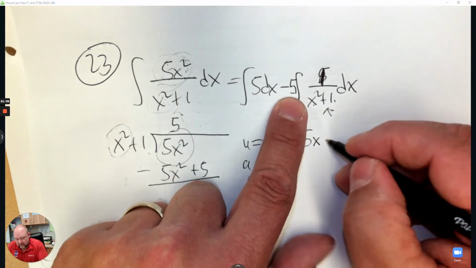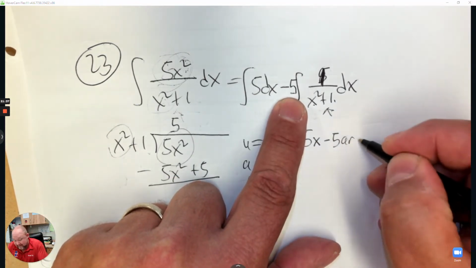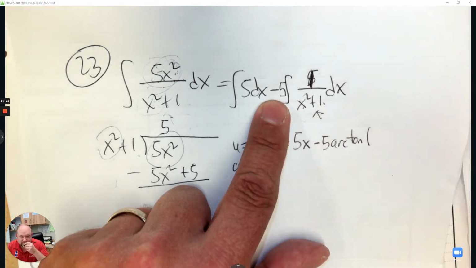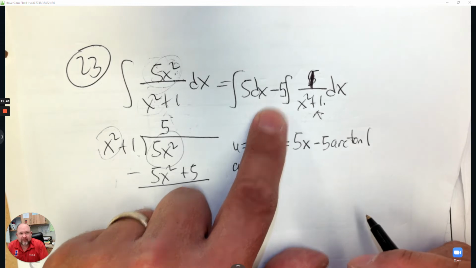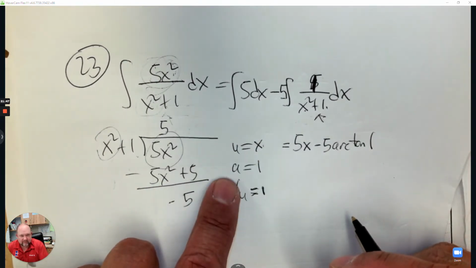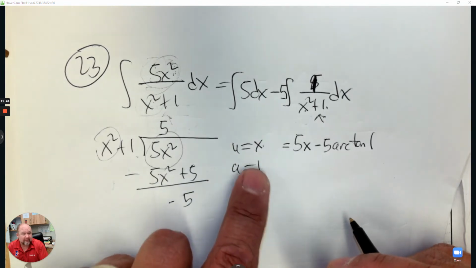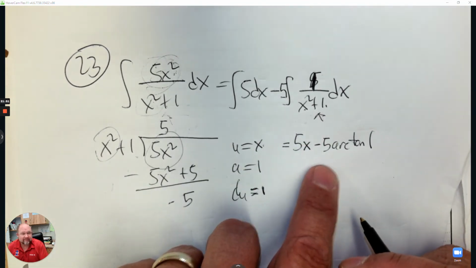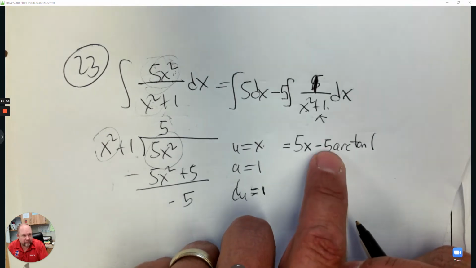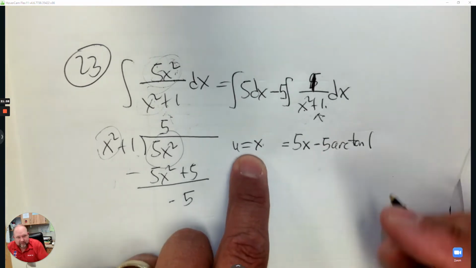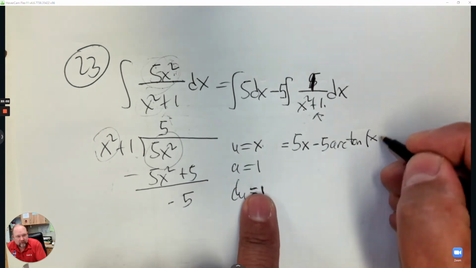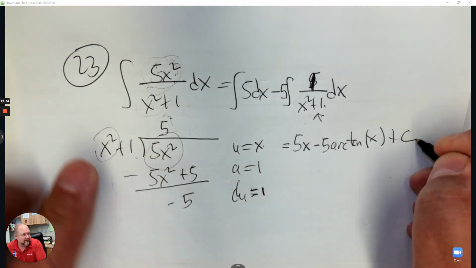The integration here, minus 5, is arctan. And we need a fraction in front, 1 over a. Well, 1 over 1 is 1, so I don't need the 1 in front. So it's just 5. And then inside would be u over a, which is x over 1, which is just x, and then plus c.